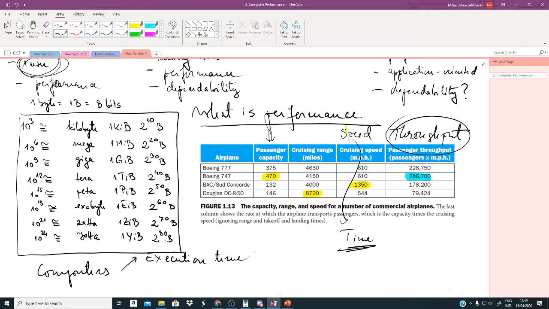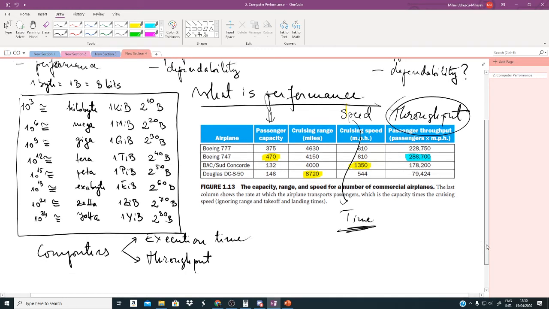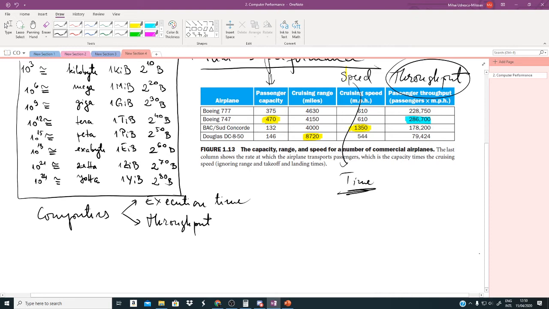But when you run many programs, so you have many computational tasks on your computer system, you should also consider the throughput, namely the number of computational tasks per time interval. Okay? So, good. Let me take an example.